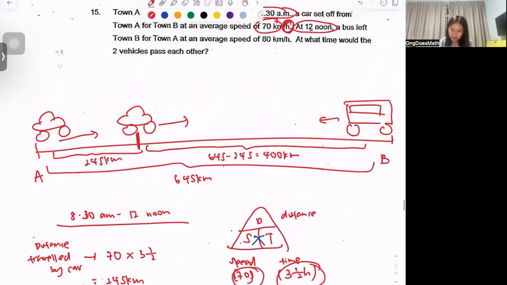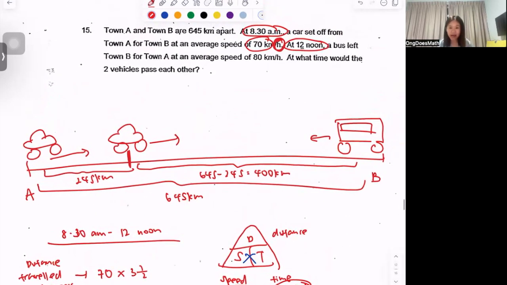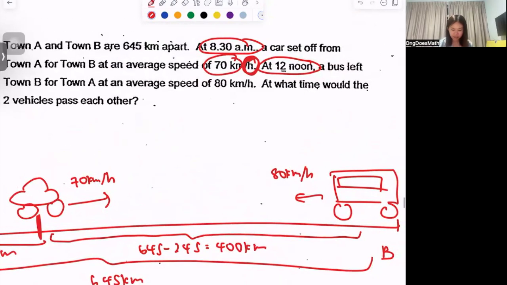Okay, now at 12 noon, the car and the bus are moving towards each other. The car is moving towards the bus at 70 kilometers per hour, and the bus is moving towards the car at 80 kilometers per hour. How do you rate this speed? 1 hour later, the car will have traveled 70 kilometers, and for the bus, 1 hour later, the bus will have traveled 80 kilometers.